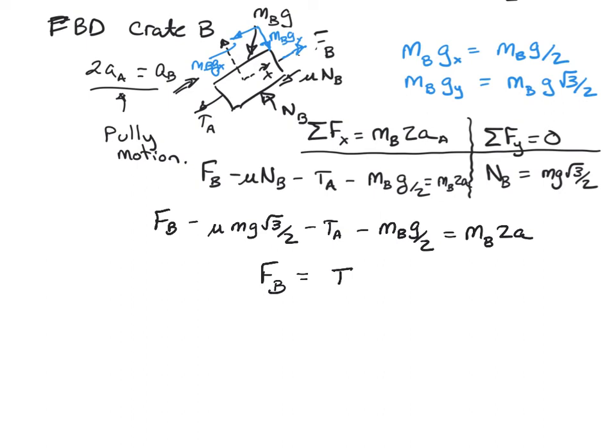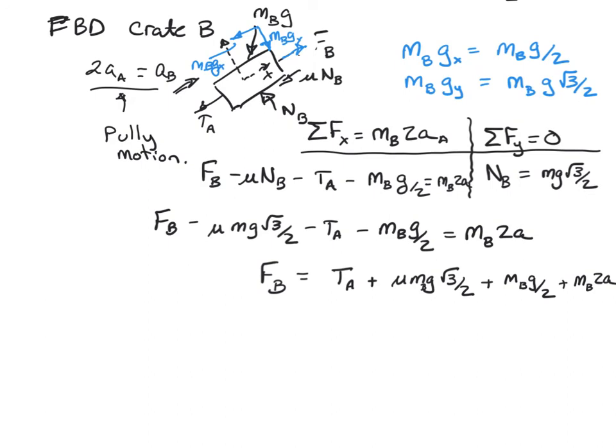This will be T_A plus mu m_b g root 3 over 2, that's that term, plus m_b g over 2, that's that term, and plus m_b 2a.